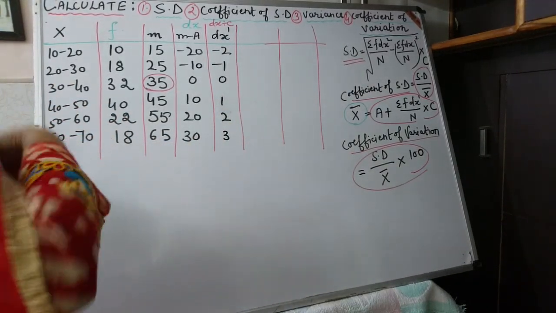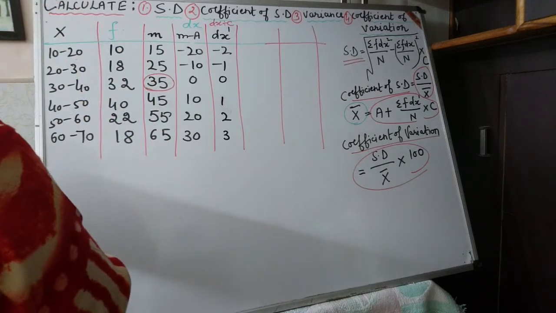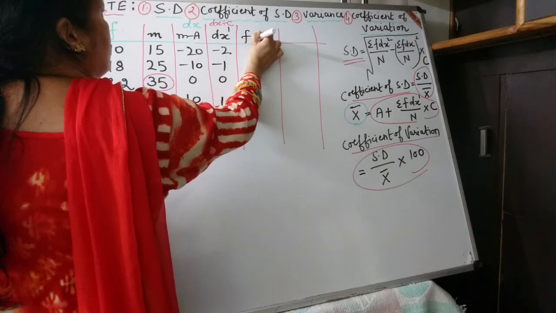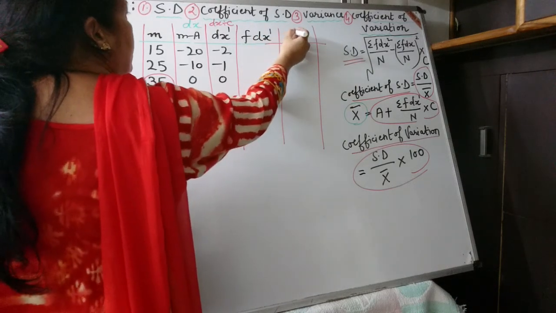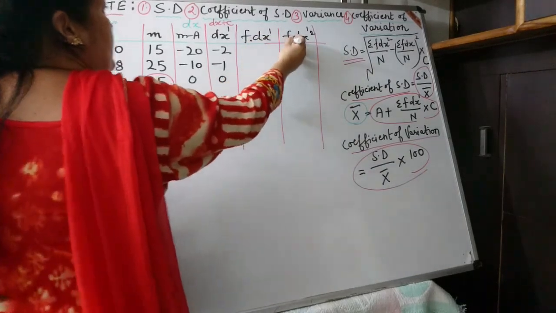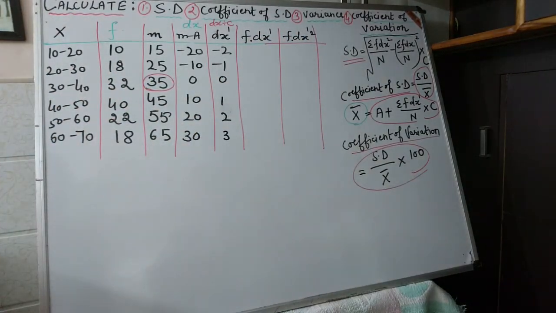Then let us calculate f dx dash, then f dx dash square. Frequency is multiplied by dx dash.